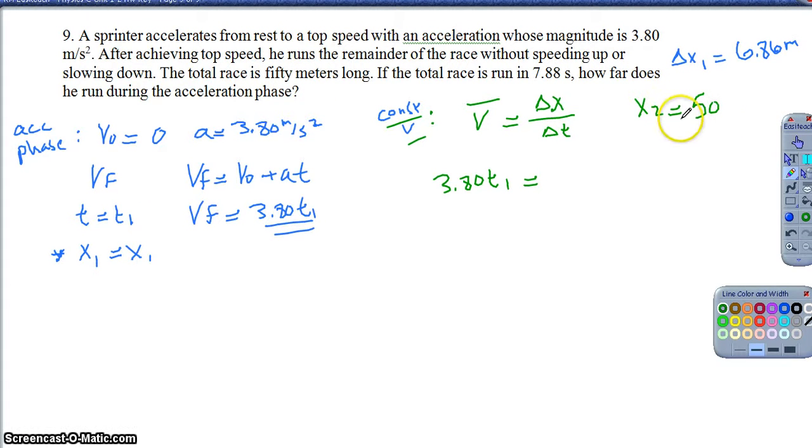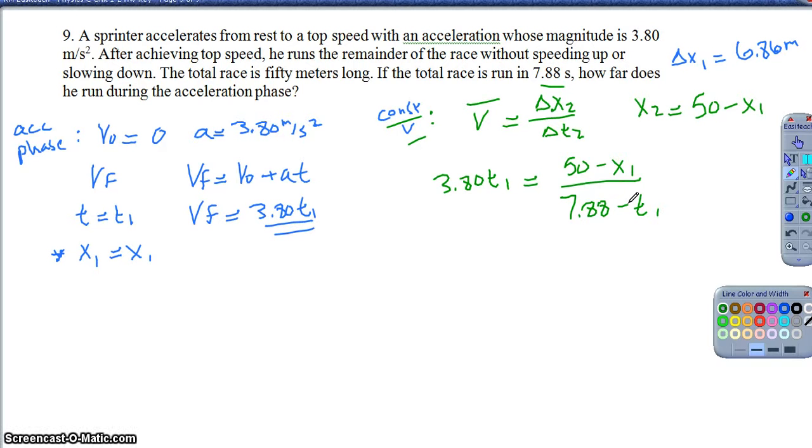So I'm going to represent this in terms of x1 by saying it's 50 minus x1. So I've got my second displacement here in terms of the first one. I'm going to do the same thing with my time, right? I don't know how long it took for this phase, but I know that the total race took 7.88 seconds, and so the second period of time would be 7.88 minus whatever he did during the acceleration phase.